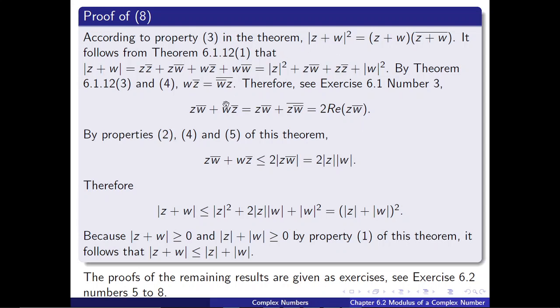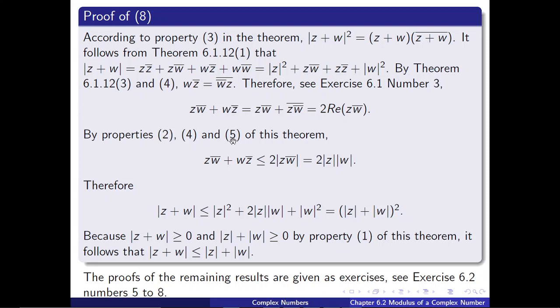And from here we know that this can be rewritten as that. So basically what we have is this part is equal to 2 times the real part of z times the conjugate of w.